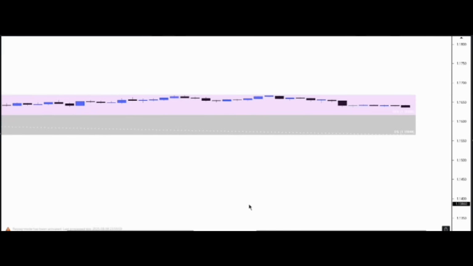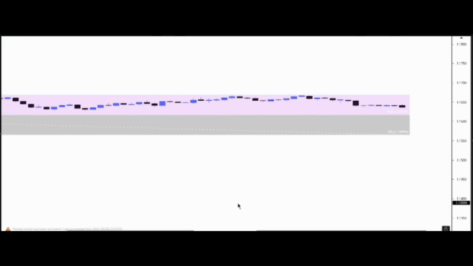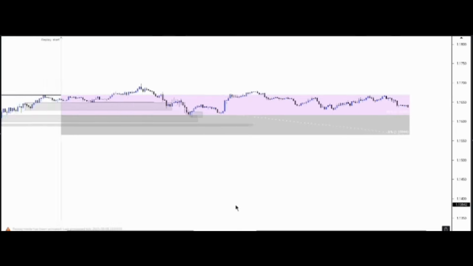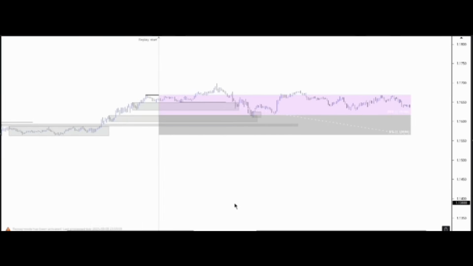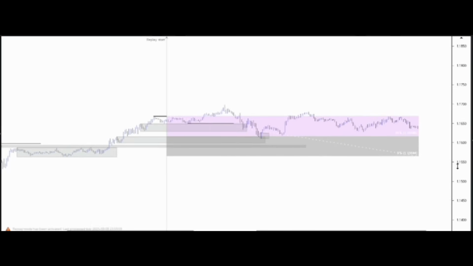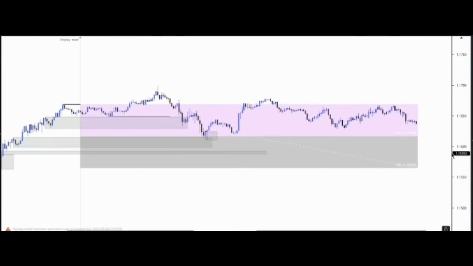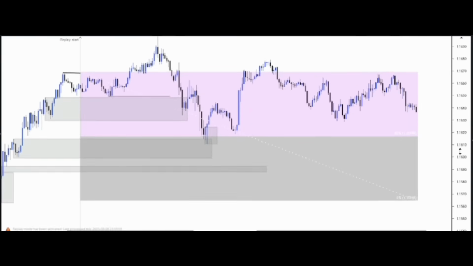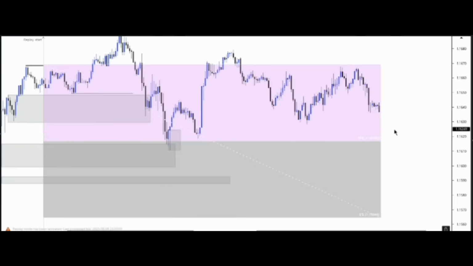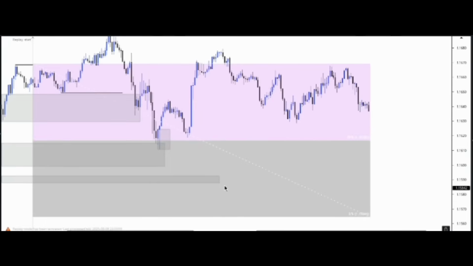So maintain that structure. Don't try to sell. Well, you can try to sell in a short term, but overall we are buying the market. Okay, so you will need to still maintain the structures of the 6th of April. So for me, I'm still maintaining my structure of the 6th of April, which is this.